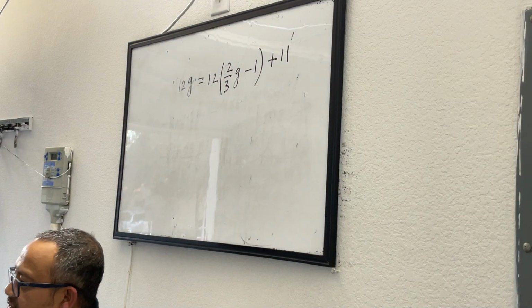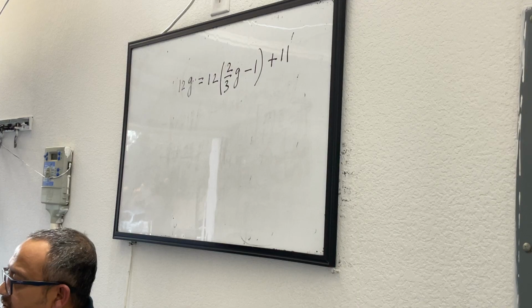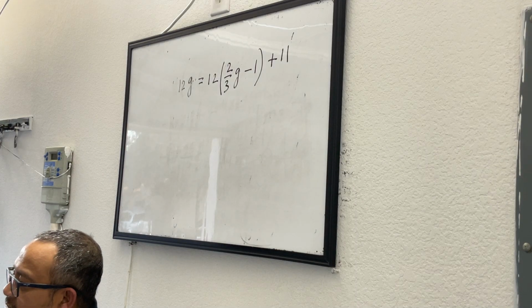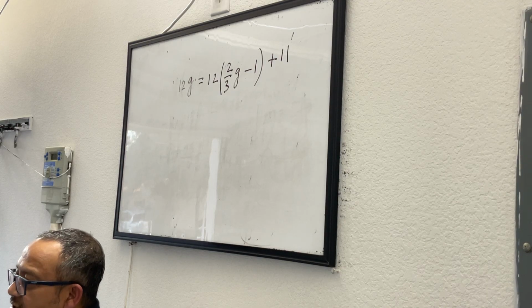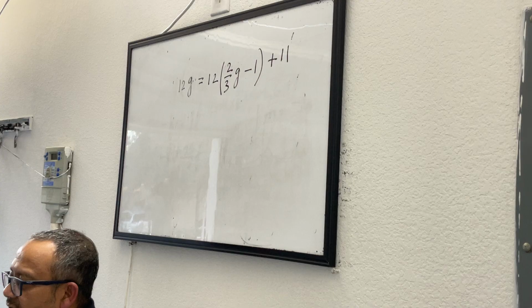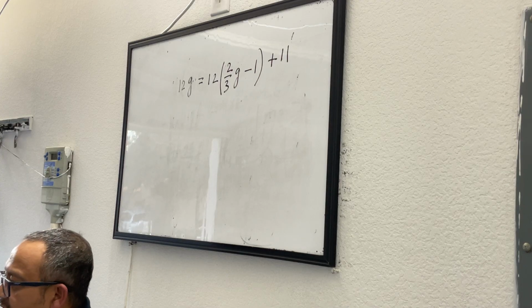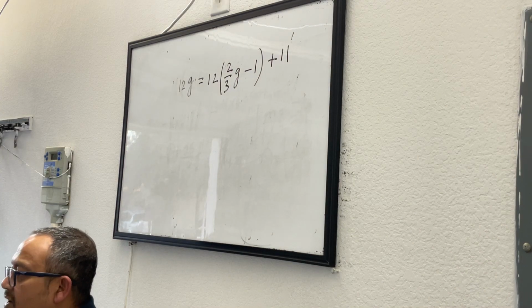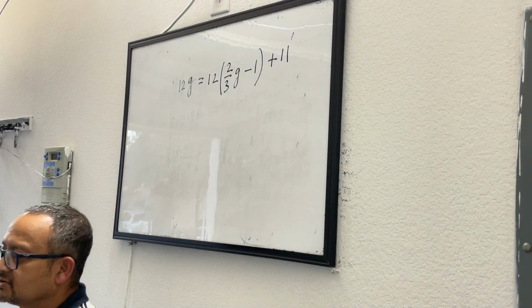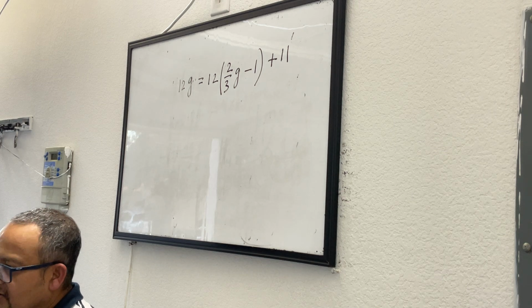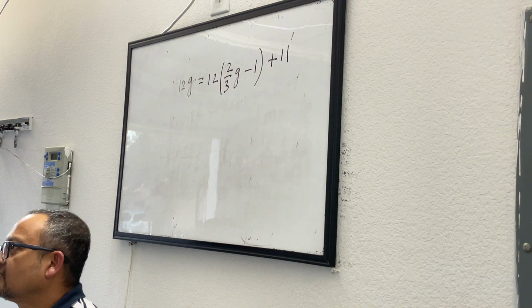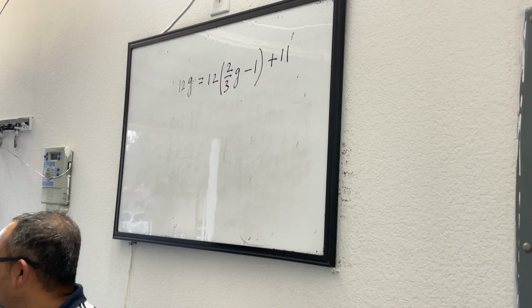I will give 2 minutes to Riaz, Urvi, Thiru, Sami, Vasundhara. Yes, go ahead. I got negative 1/4. Okay. Hiranya, Aryahi. Yes, Sohina, go ahead. I got g equals negative 1/4, or you could say g equals negative 0.25.